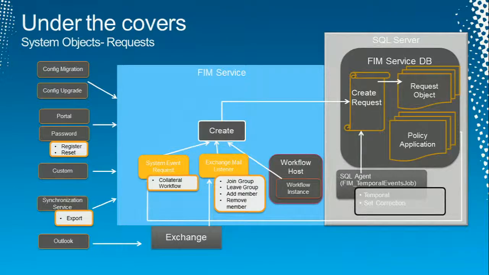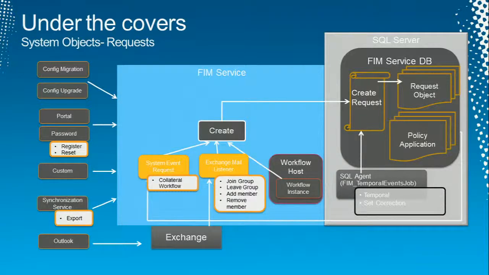We have a number of system jobs scheduled on SQL Server. One of them is what we call temporal events, or timed events. Let me give you an example. At MSIT, we have groups that have a life cycle. We make sure that a group lives only for 6 months, and after 6 months, the user has to go and extend the life of the group.